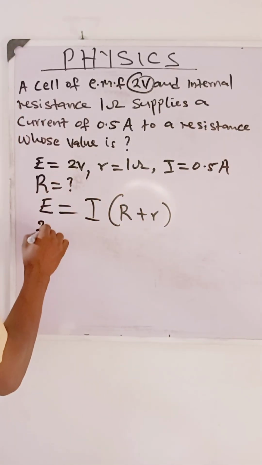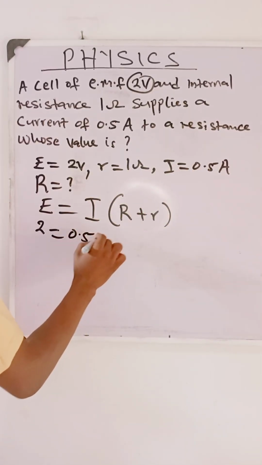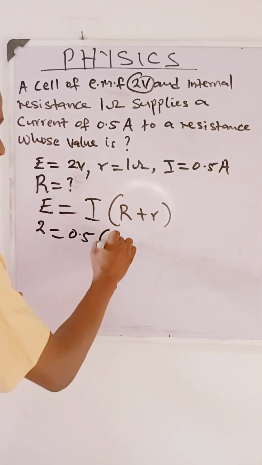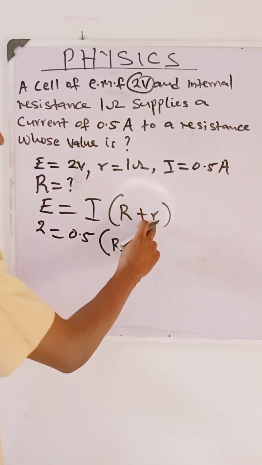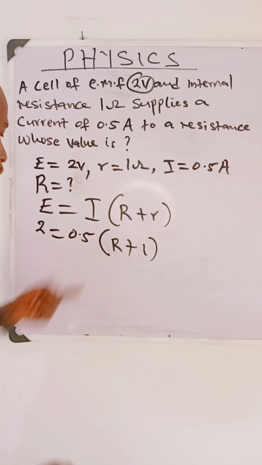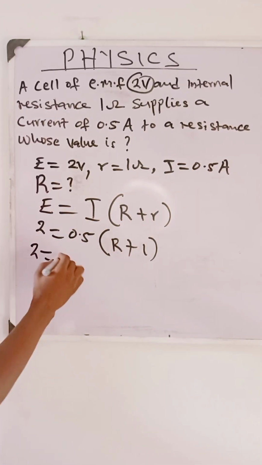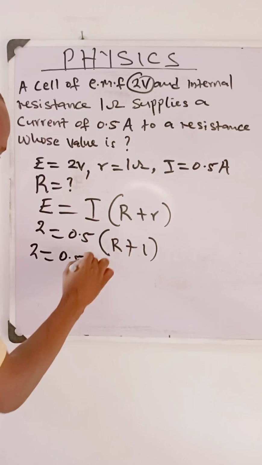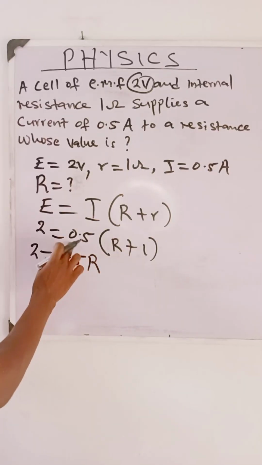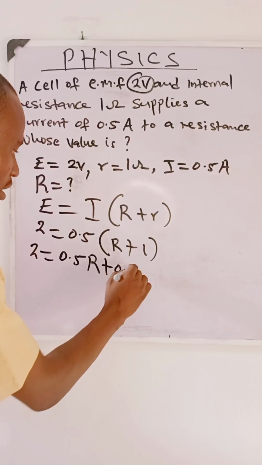My E is 2, equal to my I, 0.5, open bracket, my R, which I don't know, plus my small letter r, internal resistance, 1. Open this bracket: 2 equal to this multiplied by this. I have 0.5 R, 0.5 times 1, so I'm going to have plus 0.5.